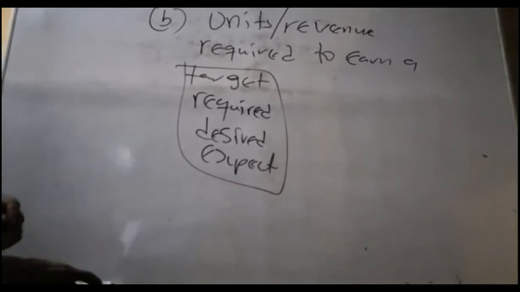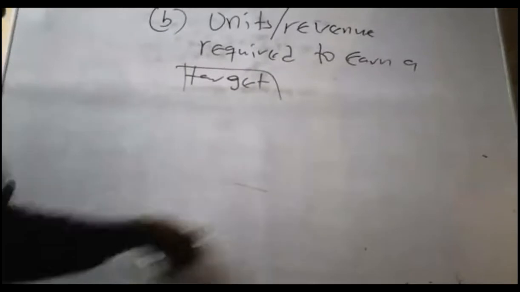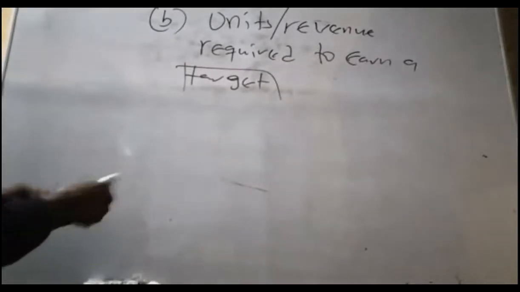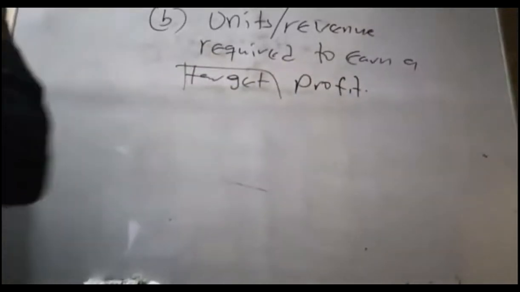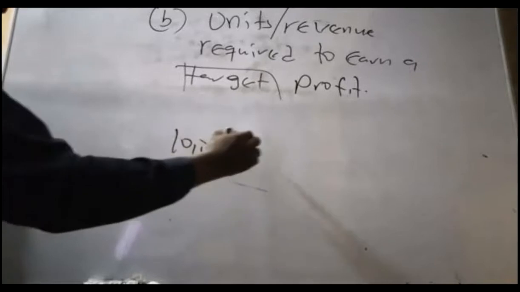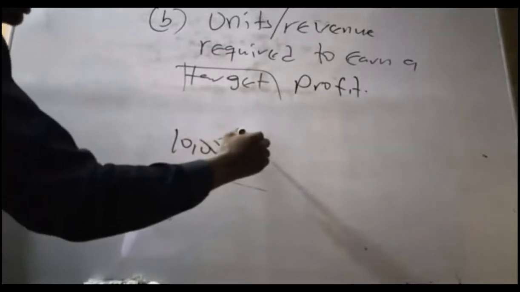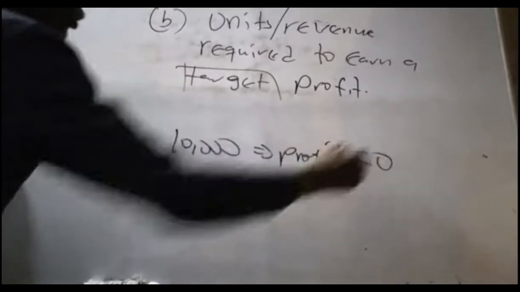Okay, so let's continue. So all of them, let's use one: to earn a target profit. That's all. So now that we know that when we produce 10,000, our profit will be equal to 0.